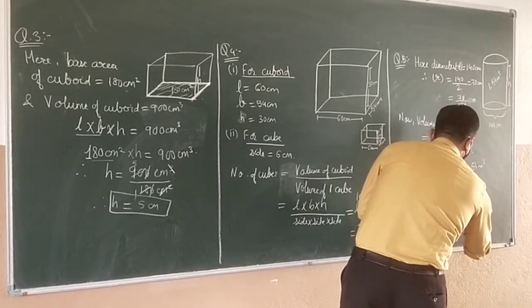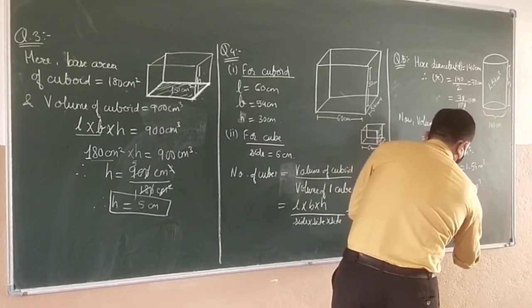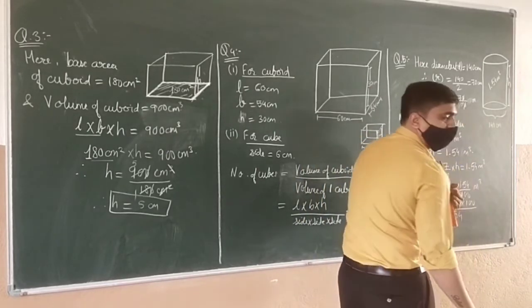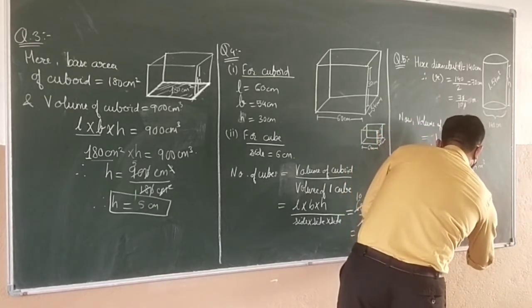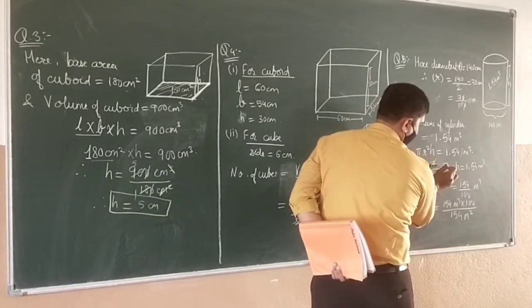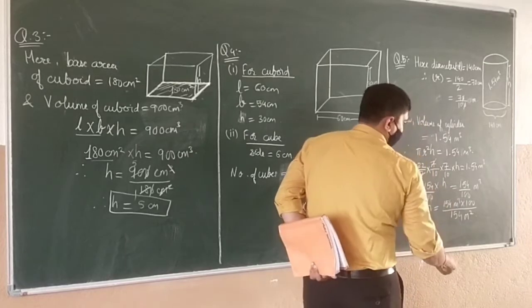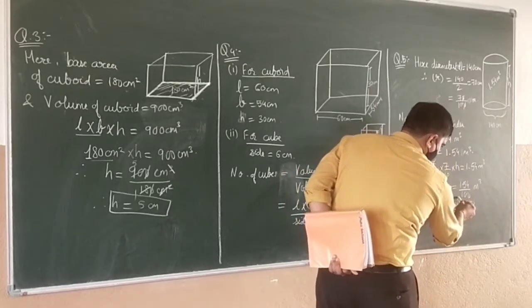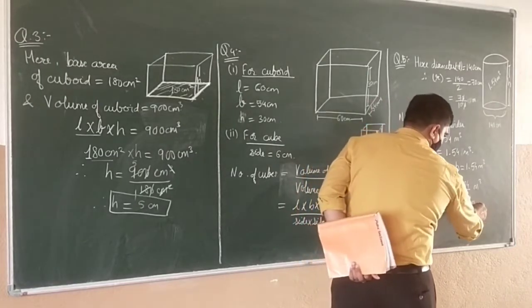It will go and multiply. Divide by 154, which is in multiplication, where will it come? Down. And that is meter square. Why meter square? Because meter into meter will be meter square, right? The meter square and the square from the cube will be cancelled out.